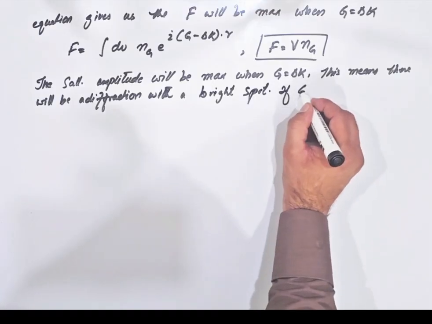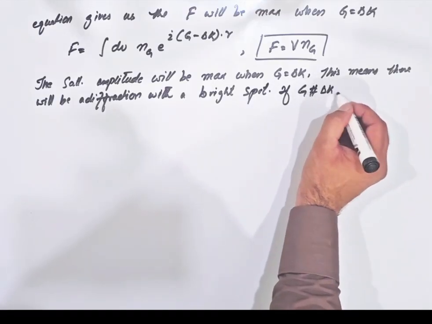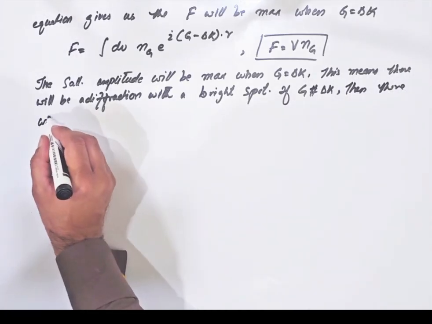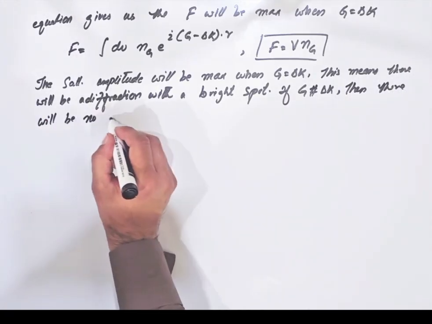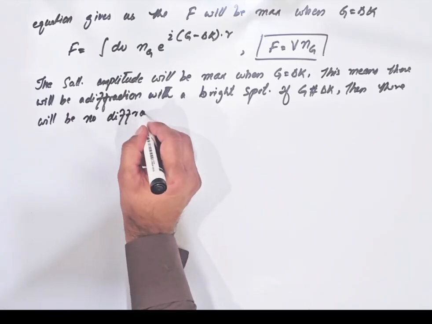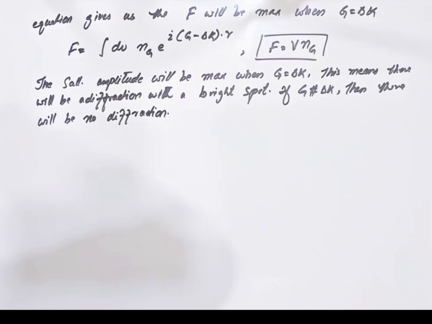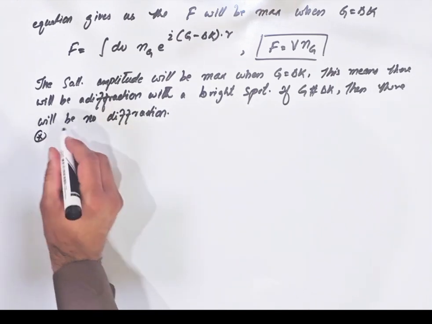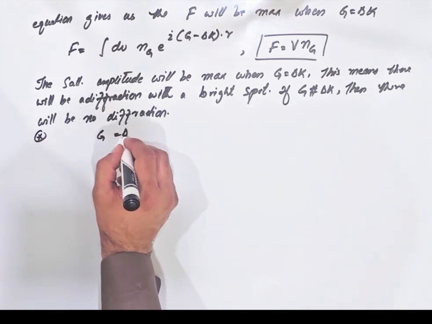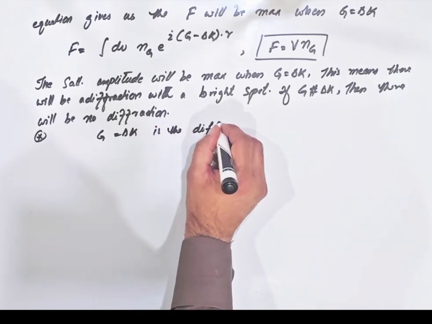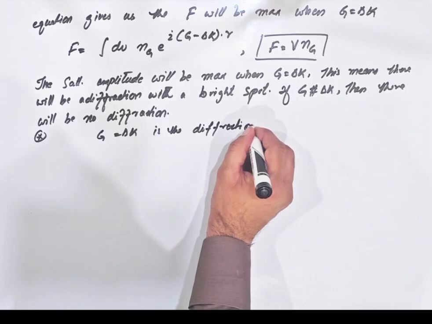If G is not equal to del k, then there will be no diffraction. G is equal to del k is the diffraction condition.